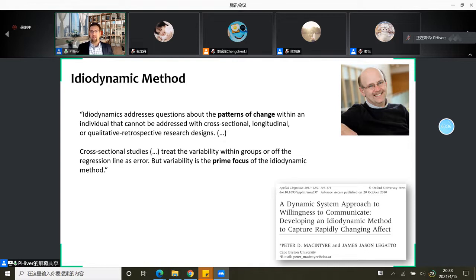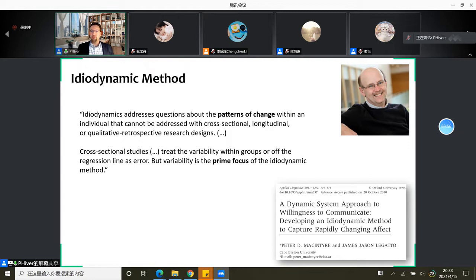So this is Peter MacIntyre, and you can see he says something about ideodynamics. He says ideodynamics addresses questions about patterns of change within an individual that can't be addressed with other research designs.